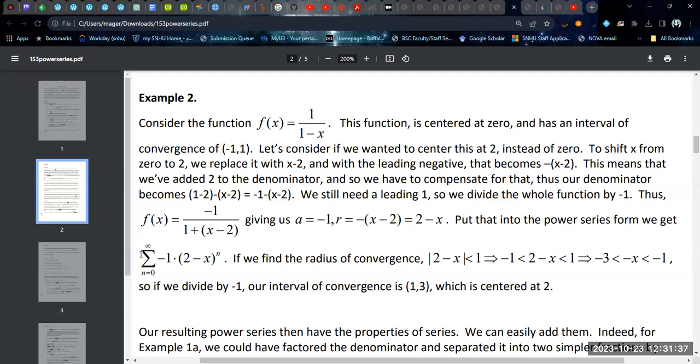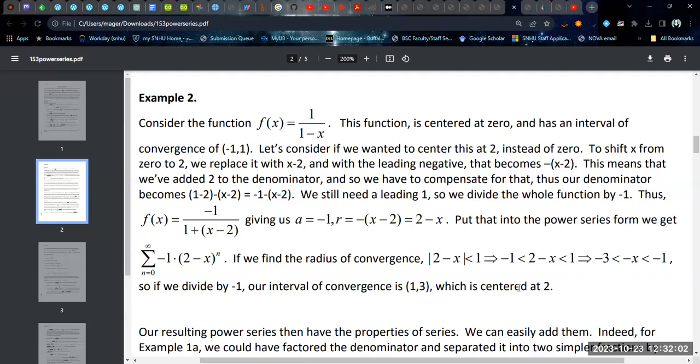And so we would end up with this expression, or you could rewrite this if you left the negative sign here. You could rewrite this as -1 to the n plus 1, because you would get n negatives from this expression and then one more, and then x minus 2 to the n. And of course, from this point, you would have to find the interval of convergence.